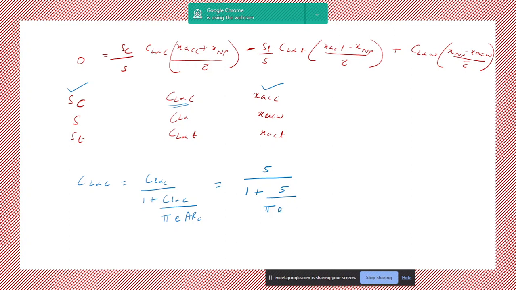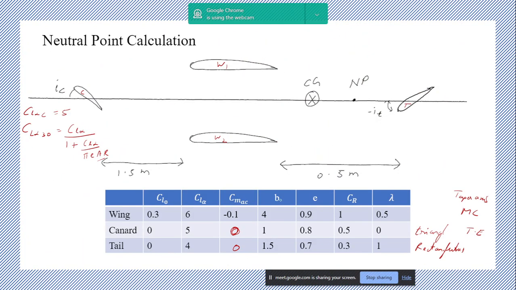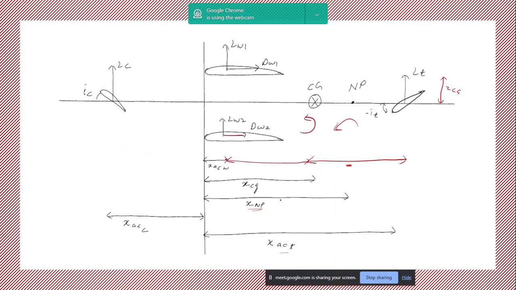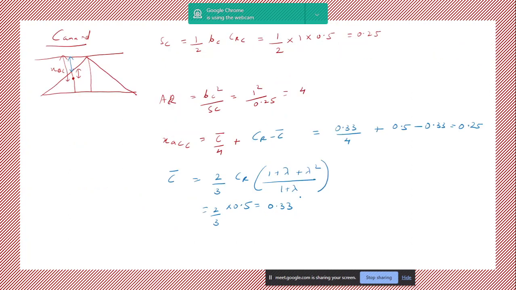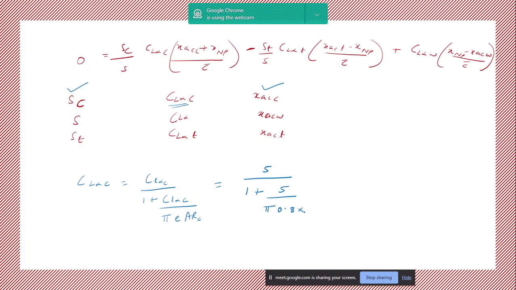E was, I think, 0.8 or 0.7. Ratio is 4. So what is this value? And here this is per radians, okay? 3.34.